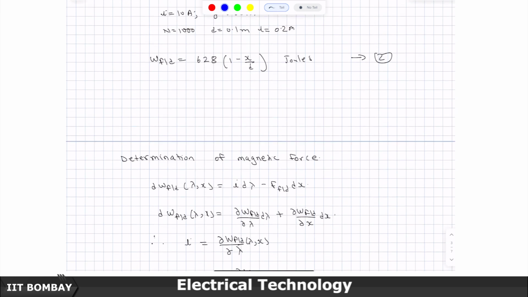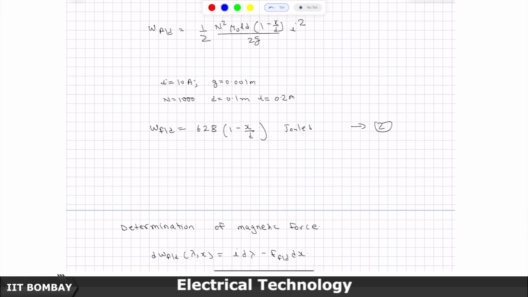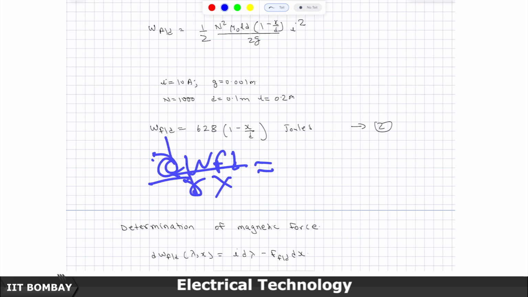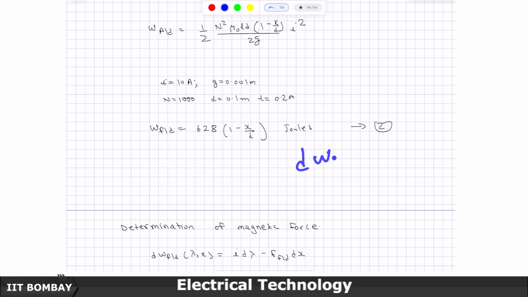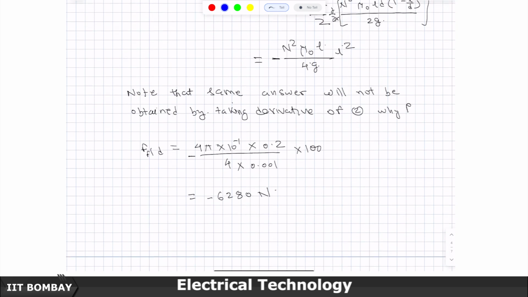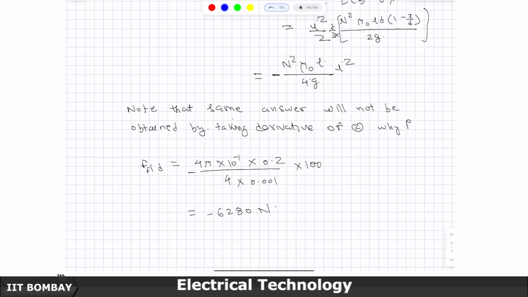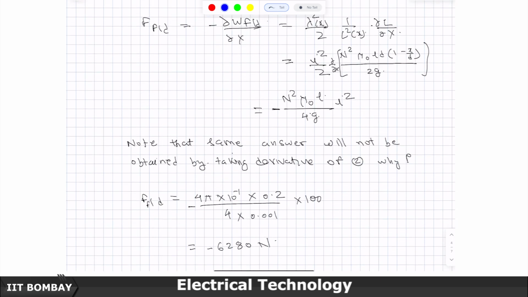Now, the interesting thing that I want to show is that if you directly do this from here, sorry, if you directly do this, you will get something like minus 628 by d. Yeah, you get it, I think, no problem.